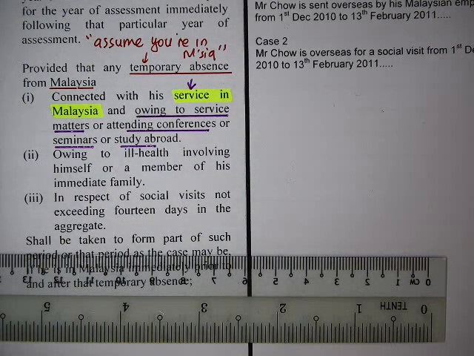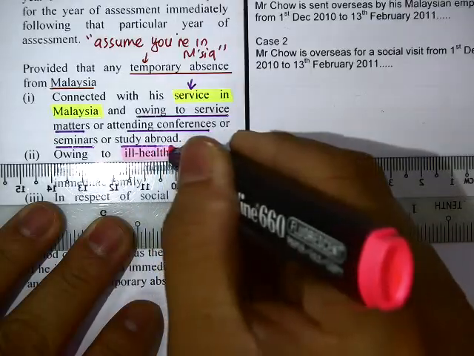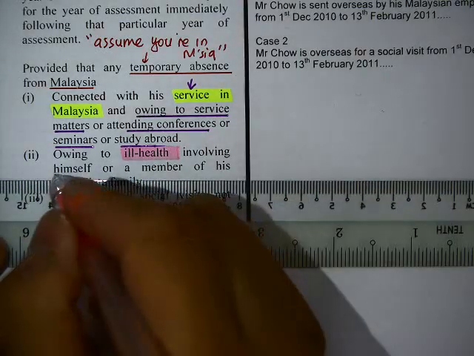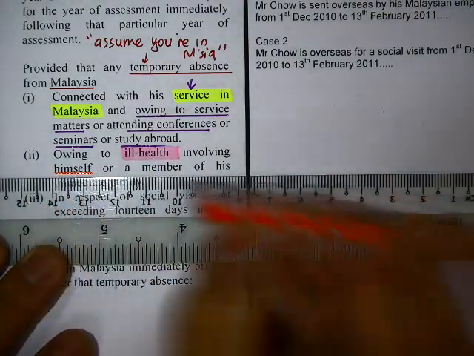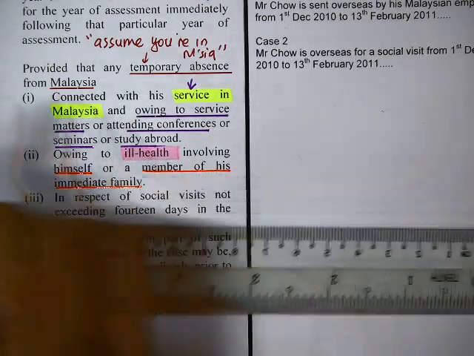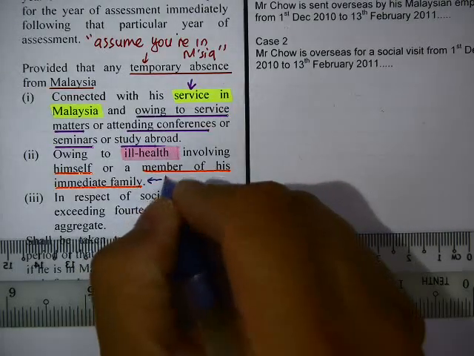Now number two, it can also be owing to ill health. So you can also be leaving the country due to health reasons. If you see the issue here on ill health, it says it's either involving himself or a member of his immediate family. What do you mean by the word immediate family? Since this is not defined in the law, one way we can get a reference is through the public ruling.